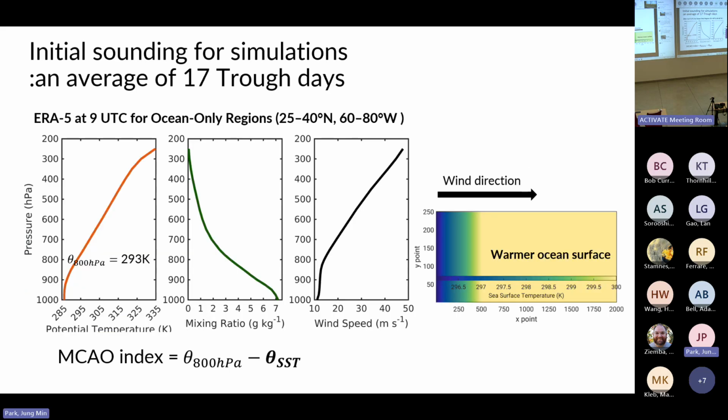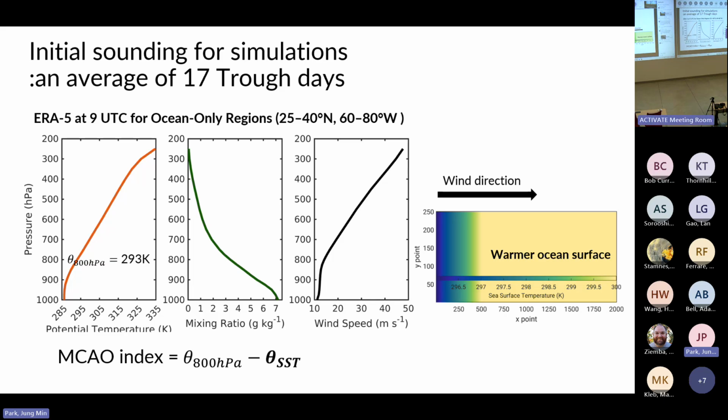So it should be noted that in our idealized simulations, all simulations are initialized with horizontally homogeneous thermodynamic and wind profiles. As mentioned in the motivation slide, we have 17 dates that are prone to have cold air outbreaks based on the synoptic classification.